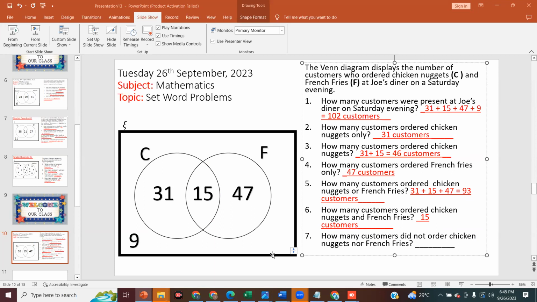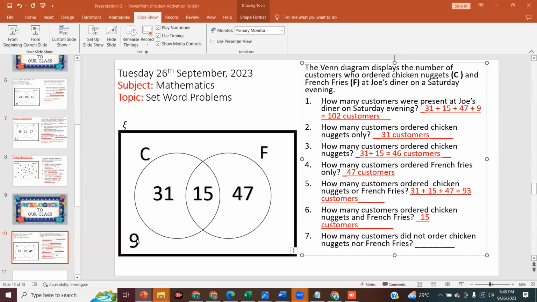Think about it. Didn't order chicken, didn't order French fries. The ones inside the circle means that they ordered it, right? So if it's outside the circle, what does that mean? They didn't order it, okay?